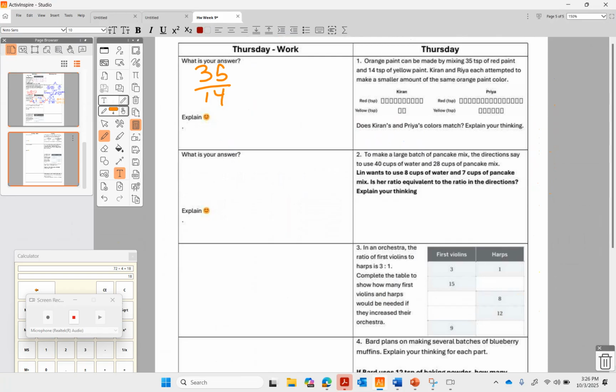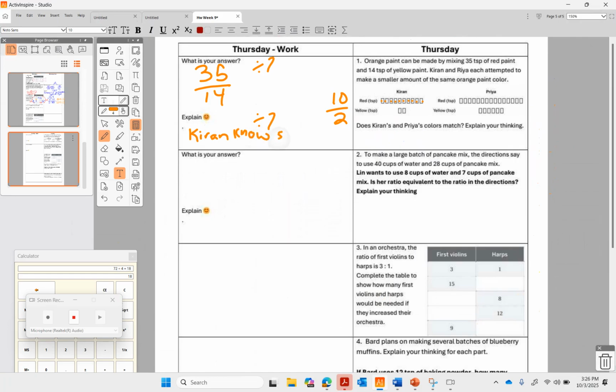Well, I can tell, so how do we get from 14 to 2, we divide by 7. But that's not 10, so that doesn't match, Kieran, no.